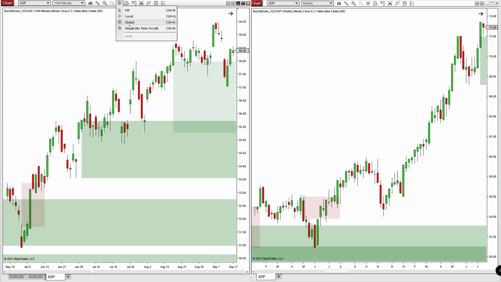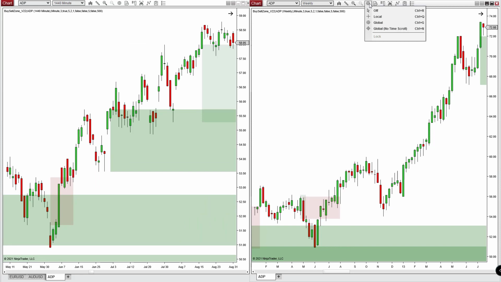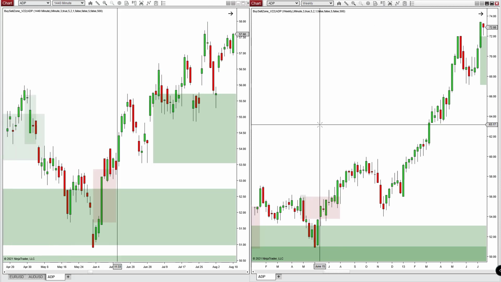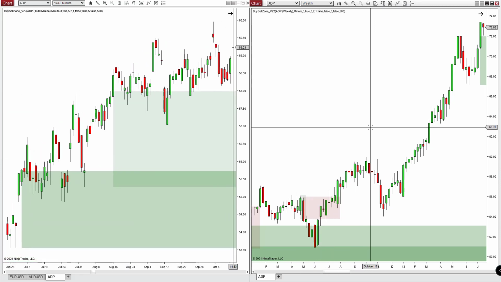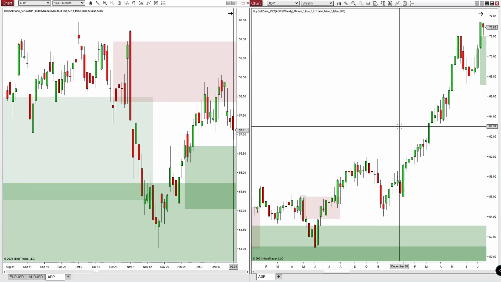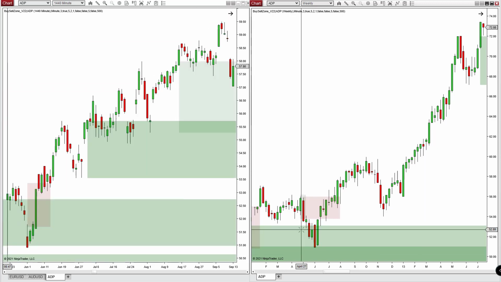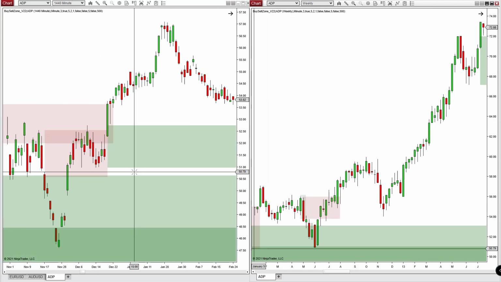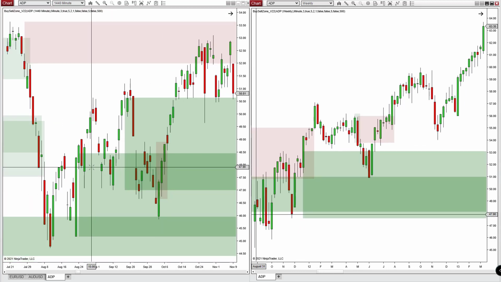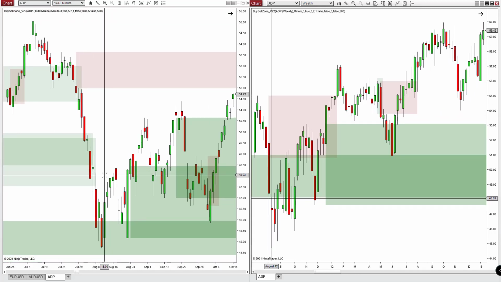I have global on my daily, and then I have global on my weekly. Now, what this does is if I move my mouse on my weekly chart, you can see that my daily chart moves with it, and vice versa. If I were to move my mouse on the daily chart, my weekly chart will move with it.